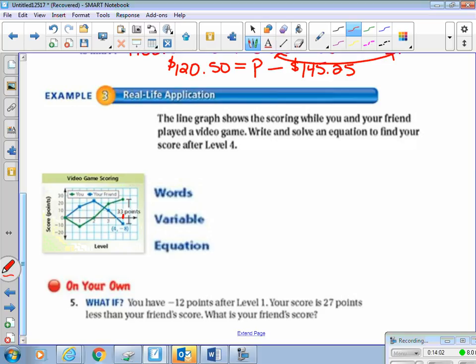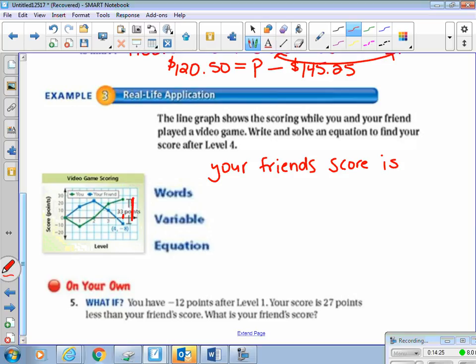So let's put it into words first. By looking at it, we want to see who has more and who has less. Blue is my friend, and that's below the green. So your friend's score is definitely less. How much less is it?